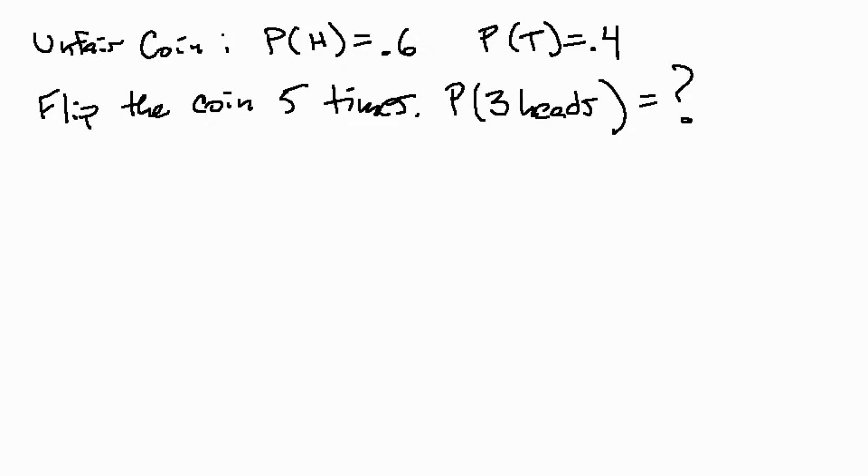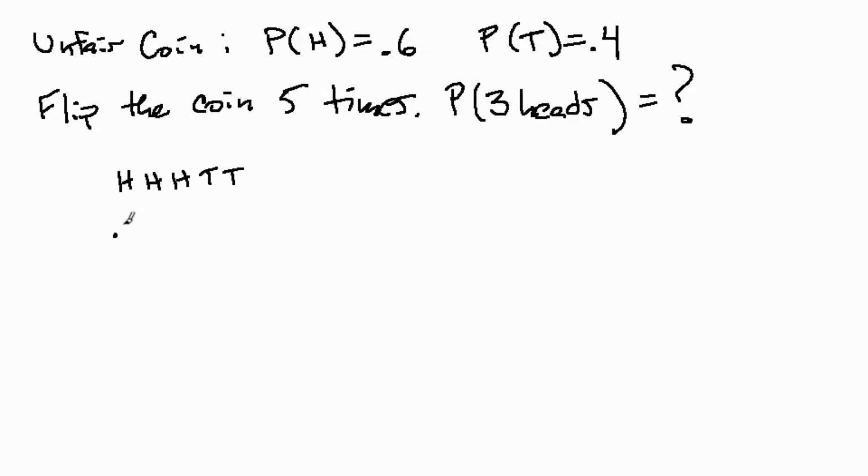Well, if we're going to flip the thing 5 times, first of all, each of the flips are independent. So first of all, I could imagine that maybe I got a head, a head, a head, a tail, and a tail. Now each one of these are independent events. Any outcome here has nothing to do with the other ones.